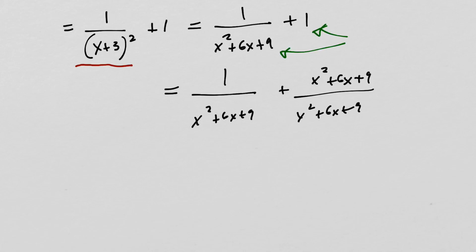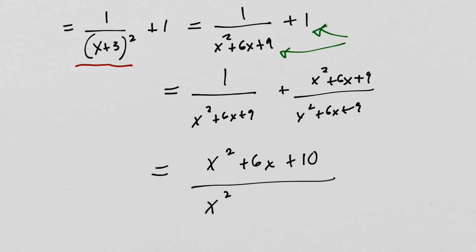Adding fractions together, the denominator doesn't change, but we add the like terms in the numerator. This becomes then x squared plus 6x plus 10 divided by our original denominator. All right, so this is the answer to part A.